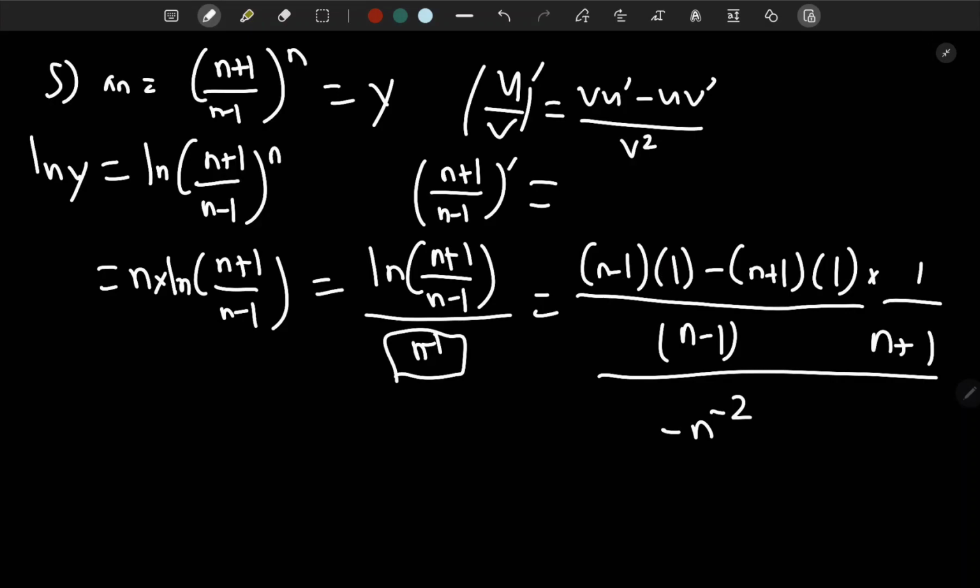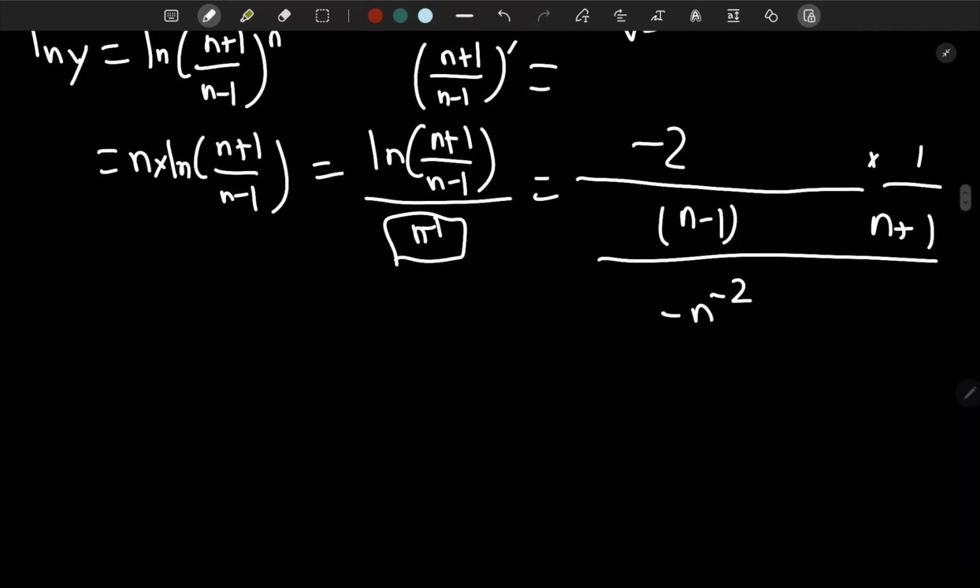And let's open the brackets. So here we have n minus 1 minus, and this is also n plus 1. So we have a minus sign over here, so it's going to be minus n minus 1. So n will cancel out with n here, and we will be left with minus 2. So this entire thing can be replaced with minus 2.